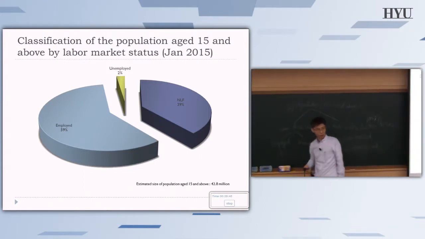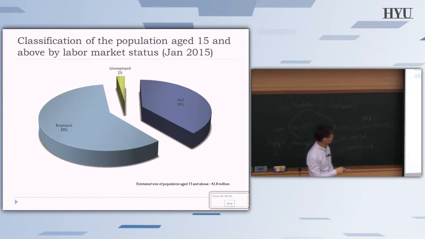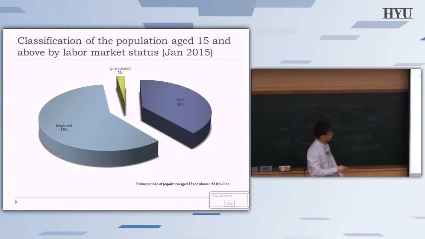Okay, population, and there are three categories. Employed, we have 59% employed out of 43 million. Unemployed, 2%. And NLF is 39%. Okay? What is LFPR?